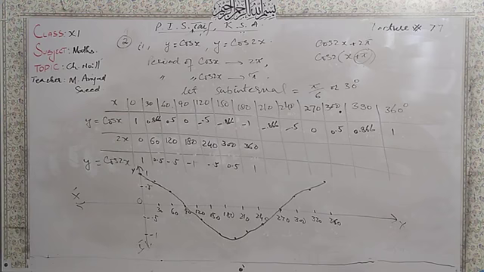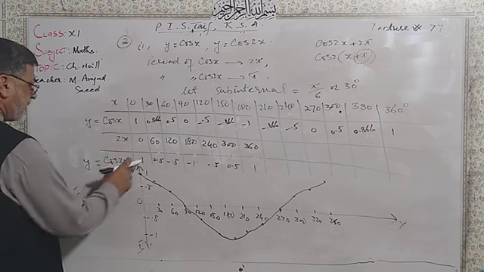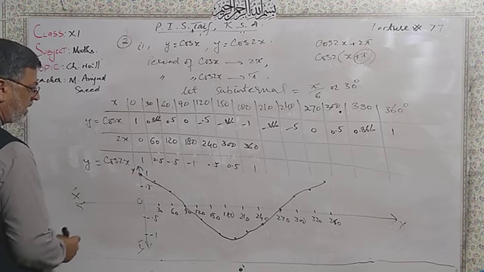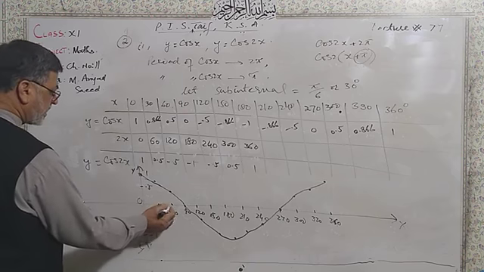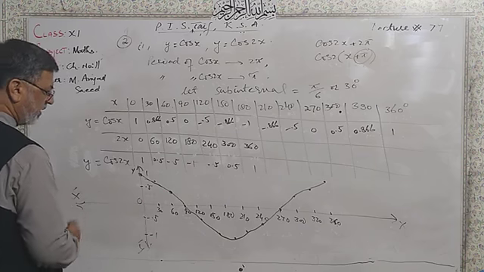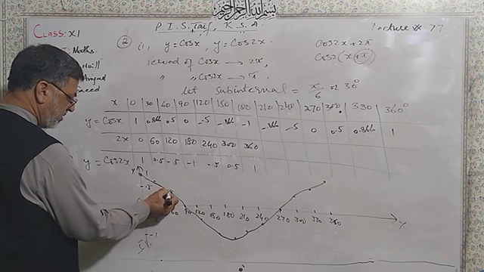After that, what is the graph of cos 2x? Cos 2x is 0 and 1. After that, 60 and 0.5, second line.